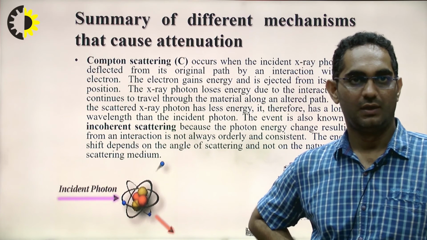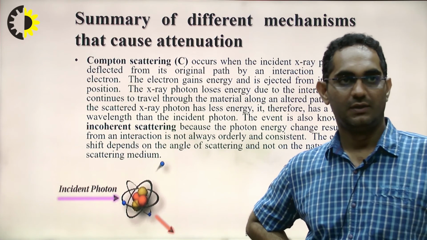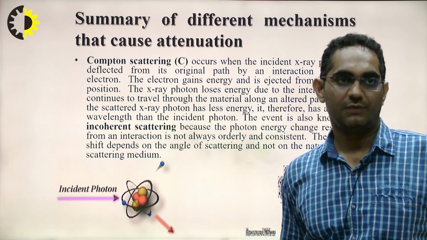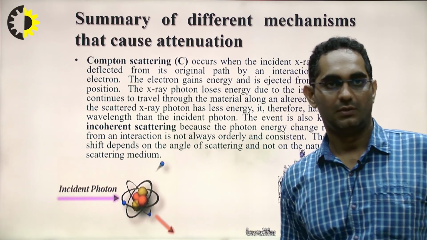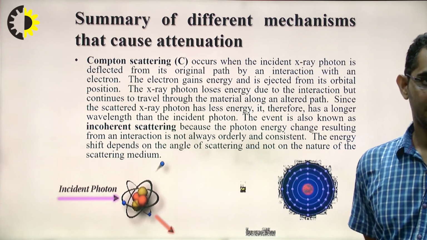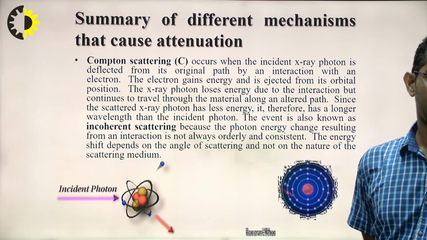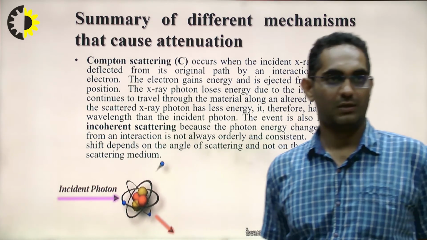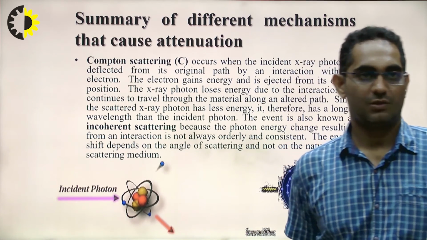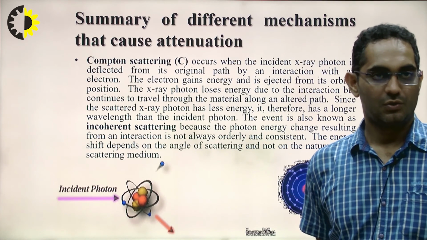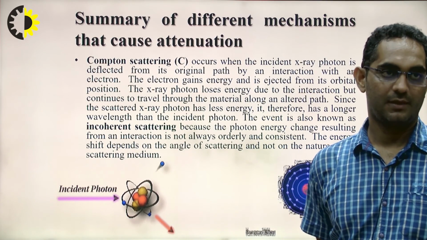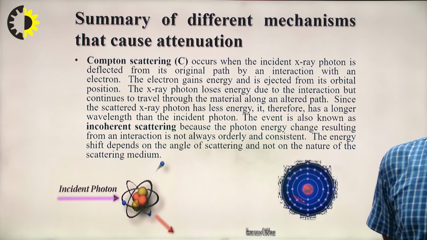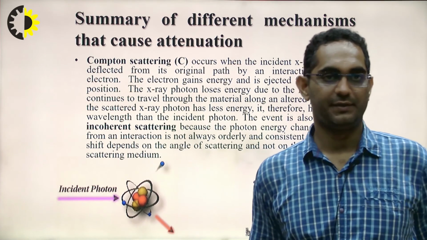Since the scattered X-ray photon has less energy, it has a longer wavelength than the incident photon. The event is also known as incoherent scattering because the photon energy change resulting from an interaction is always orderly and consistent. The energy shift depends on the angle of scattering and not on the nature of the scattering medium.